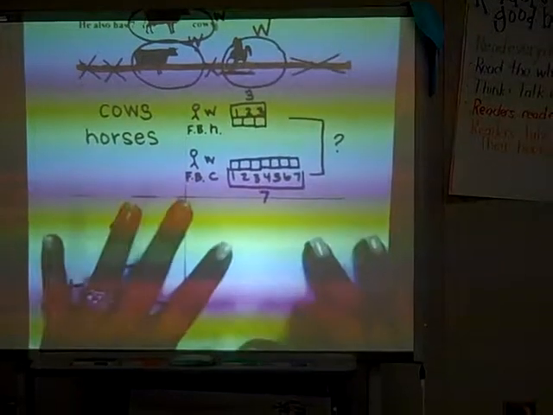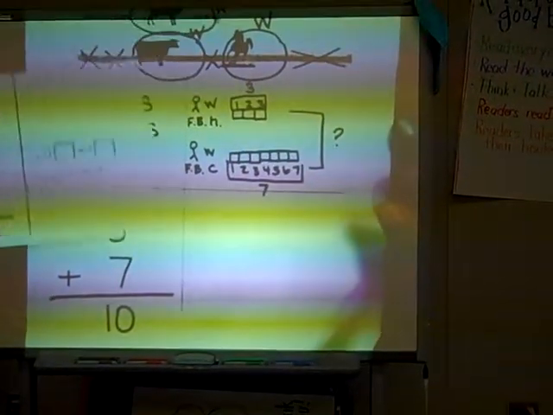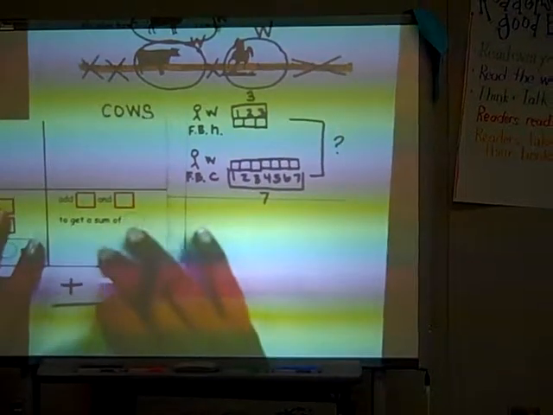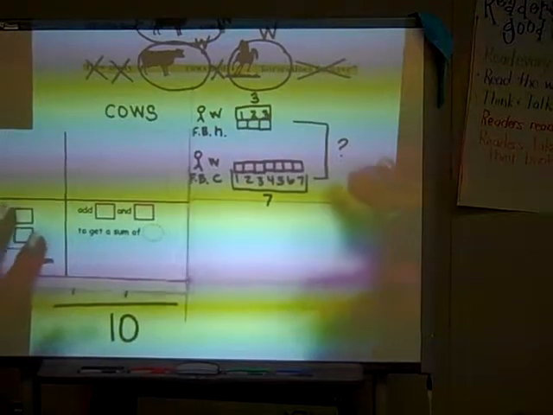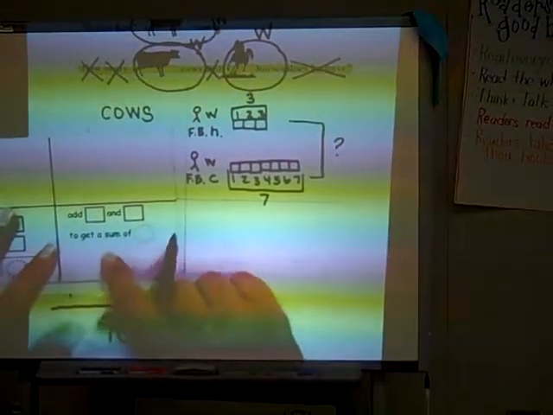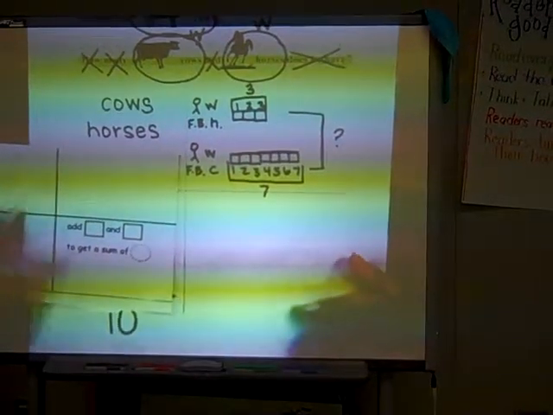And then this fourth box, to help them with this fourth box, because right now they have trouble remembering what they're going to write, I have these cards. These cards can be found on my website to help them with their homework. Because we did addition, this box is meant for them to tell me how did they get their answer.